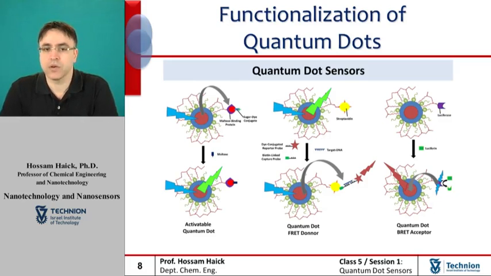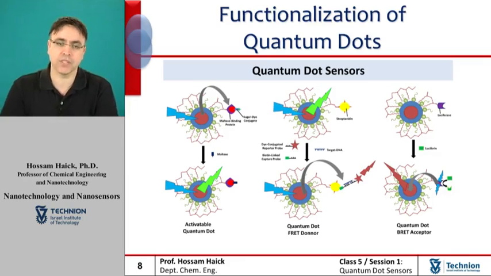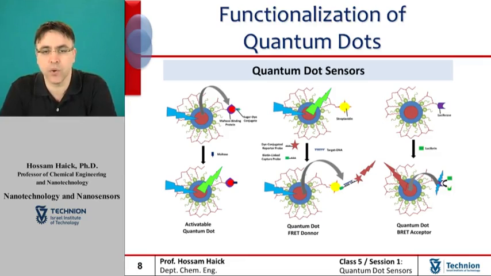Quantum dots can also be sensors for specific DNA sequences. This could be achieved by, for example, mixing the targeted single-stranded DNA with an acceptor fluorophore conjugated to a DNA fragment that is complementary to one end of the target DNA. In other instances, the DNA detection could be achieved by mixing the targeted single-stranded DNA with a biotinylated DNA fragment complementary to the opposite end of the target DNA.